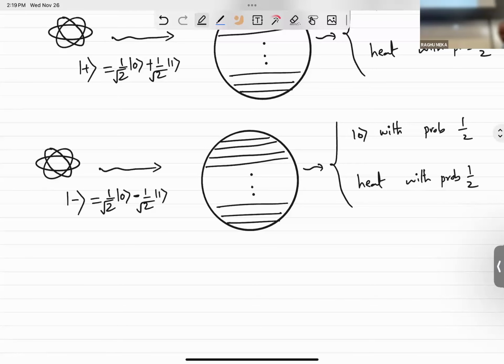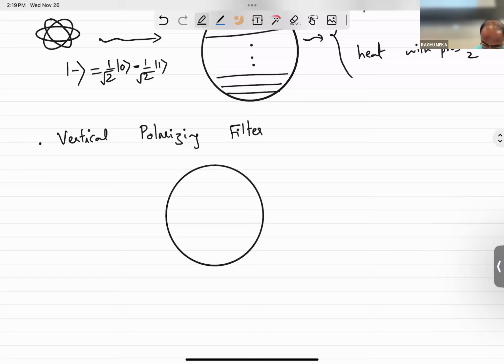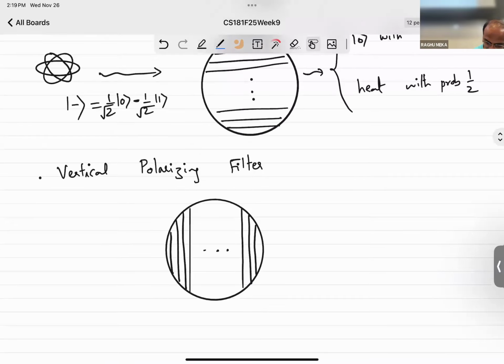All right. Now, here's a cool thing. Just as there is a horizontal polarizing filter, there is also a vertical polarizing filter. And I'm going to denote it with lines like this. And what does that do?